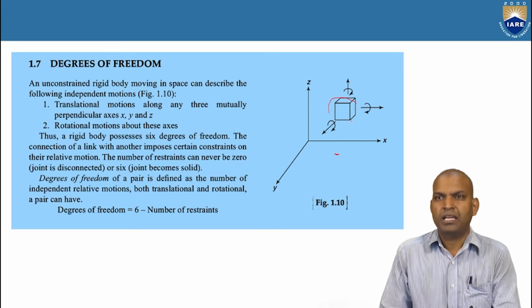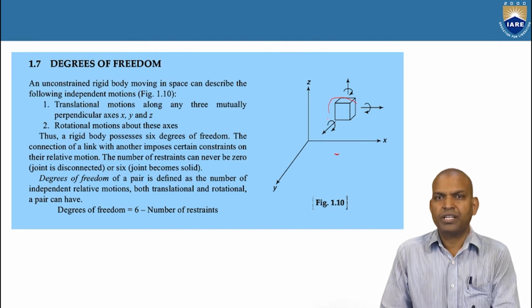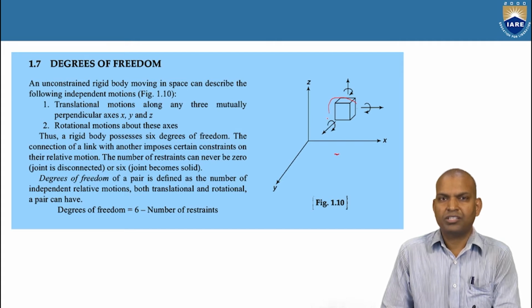What are they? It can have 3 translatory motions, translations along axis x, axis y and axis z, and 3 rotational motions about these axes. That's why there are 6 motions, and this rigid body possesses 6 degrees of freedom.